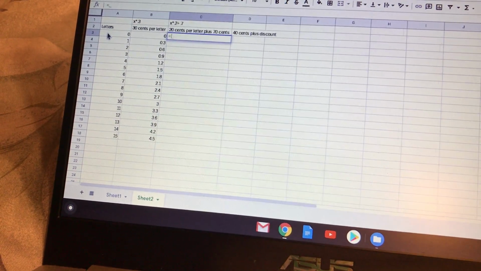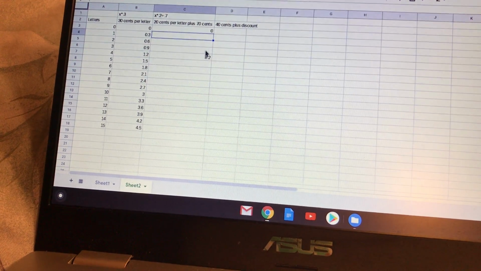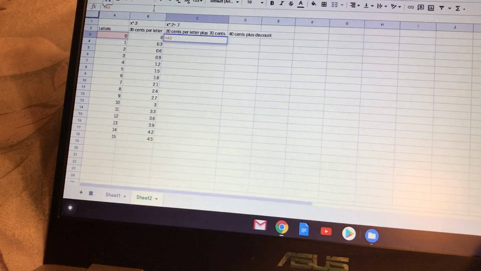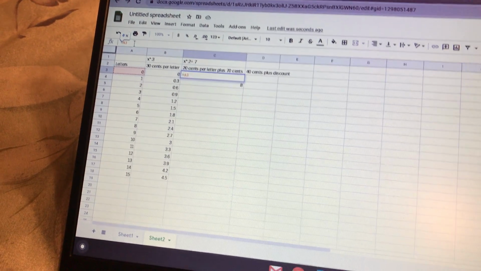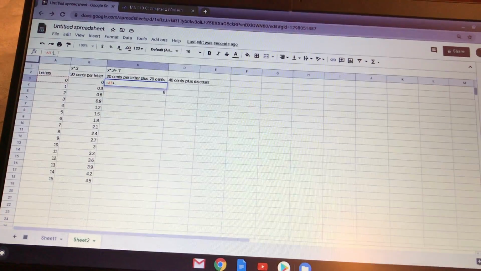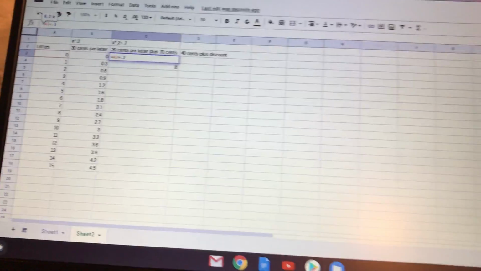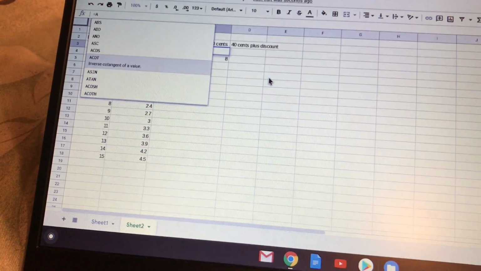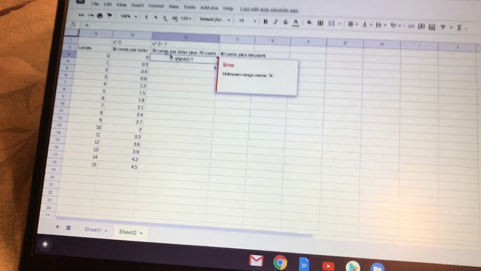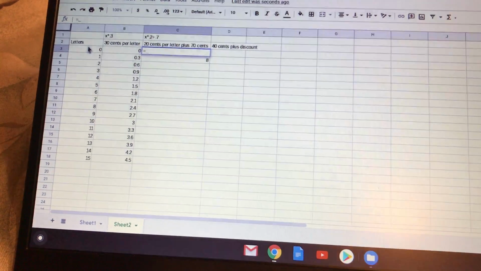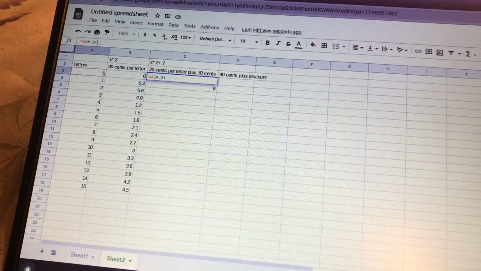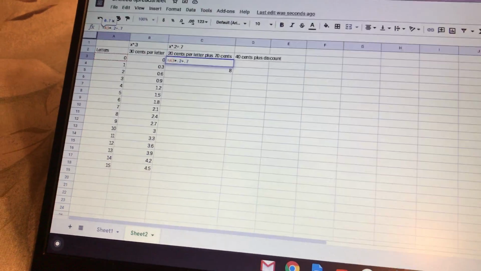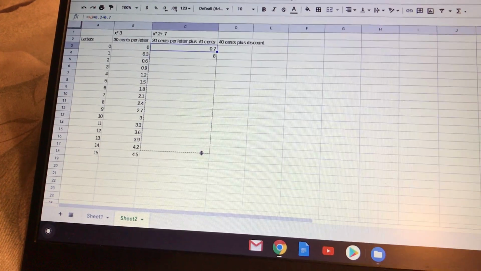In Excel, it's that x times 0.2 plus 0.7. Bring that down.